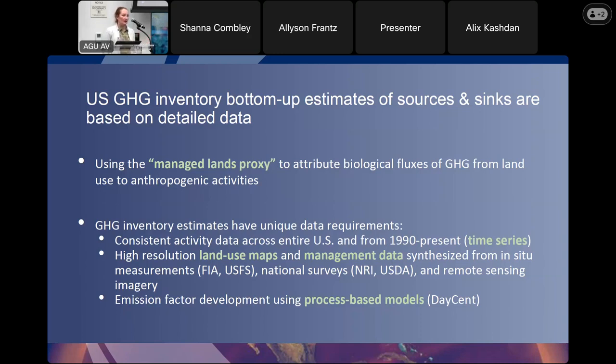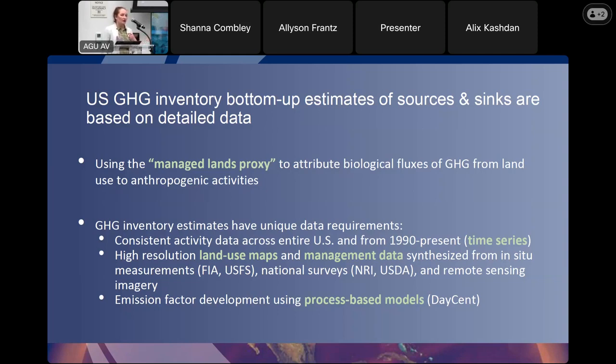As Aaron and Sharon mentioned, this time series brings unique challenges because we are developing lots of new modern data sources and modeling capacities and observations, but we need to combine those new data sources with proxy data or modeling frameworks that go back to 1990 so we can build a consistent time series of emissions across this whole 30-year period. Together with these high resolution land use maps, we use management data synthesized from in situ measurements as well.